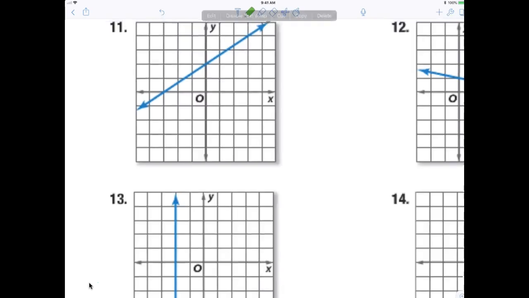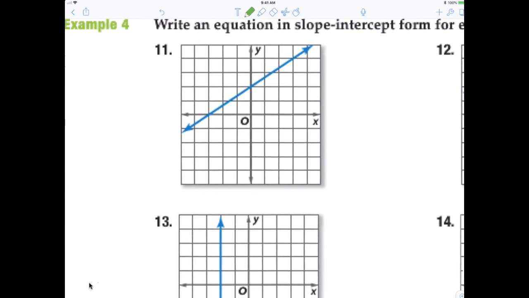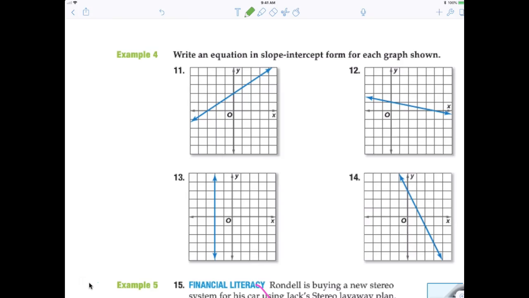Take a look at number 11. Now, all you have to do is write the equation for the line on number 11. The first thing you're going to do is write down y equals mx plus b.